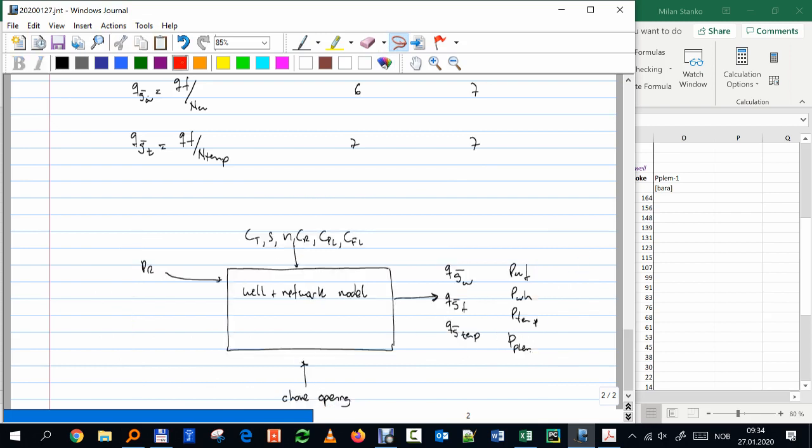Let's call this system parameters. That's input from the Reservoir Simulator, and that's the output, and that is what I call the adjustable variables.